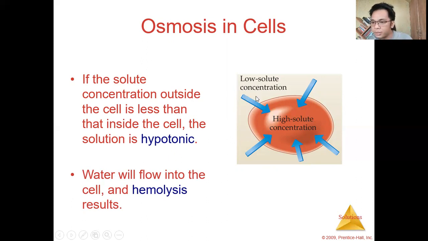Kung saan mas maraming solute, take note the semi-permeable membrane, doon yung movement ng water natin. So, when the solute concentration outside the cell is less than the inside of the cell, the solution is hypotonic. So, mangyayari, water will flow into the cell, and mangyayari doon is hemolysis.